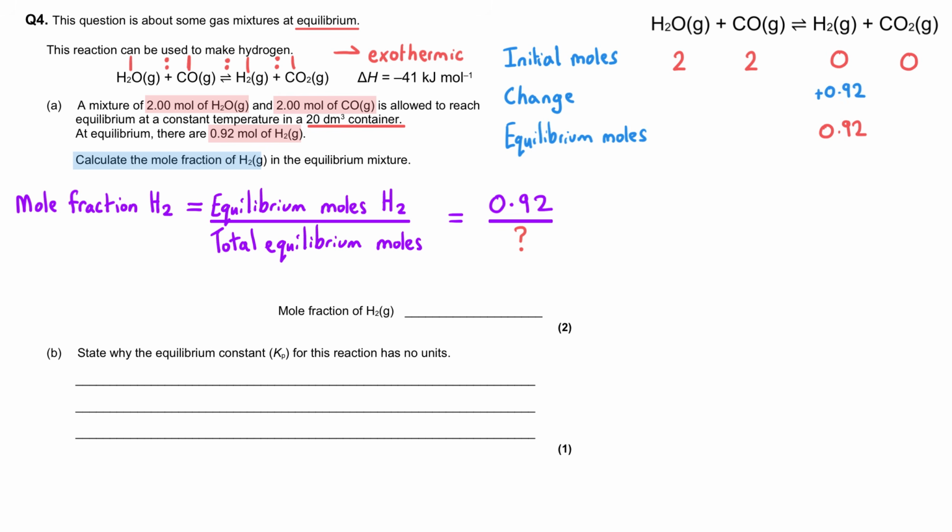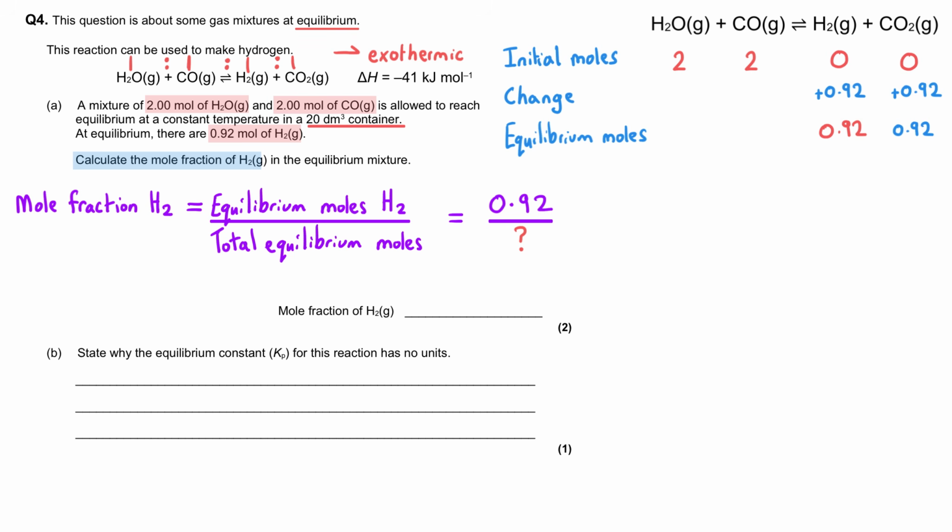Carbon dioxide that is on the same side as hydrogen will also go up by 0.92, and so we'll have 0.92 moles of carbon dioxide at equilibrium. The chemicals on the other side of the equation will go down by that same amount. Remember, this is because the coefficients are all 1s in the equation, so all of the changes will be equivalent.